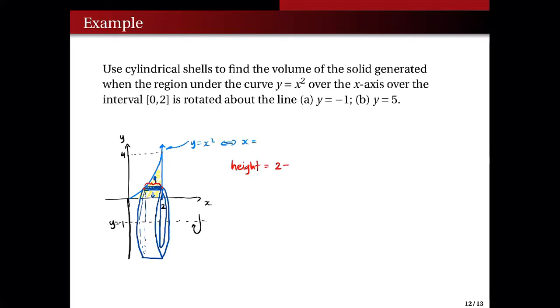So x equals plus or minus square root of y. But then again, we are taking the positive side because our x has to be positive. This is the part of the parabola we need. So the height is 2 minus square root of y.